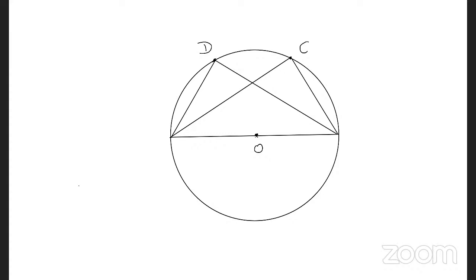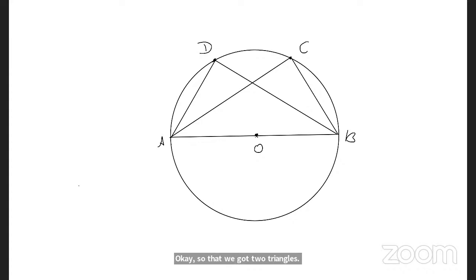Now let's name this point A and this is point B. Okay, what we did in a semicircle, we took 2 points C and D and joined them with points A and B, so that we got two triangles.